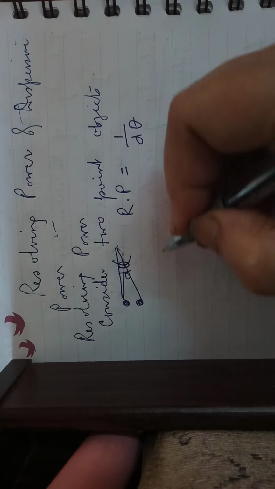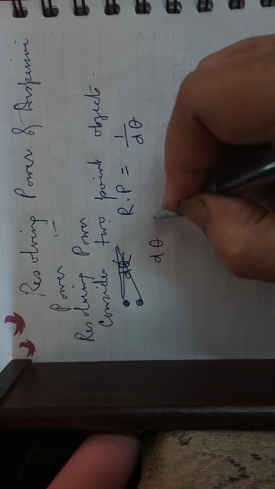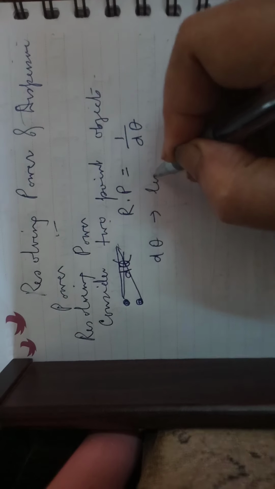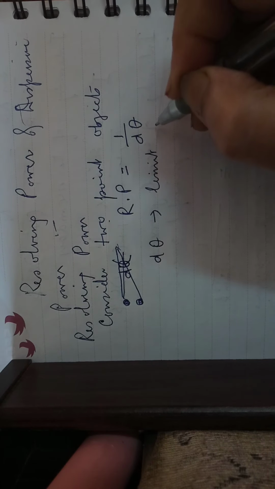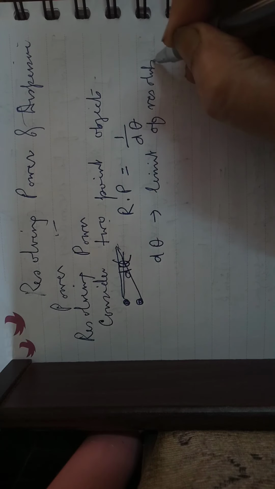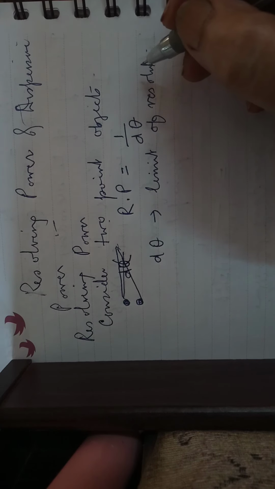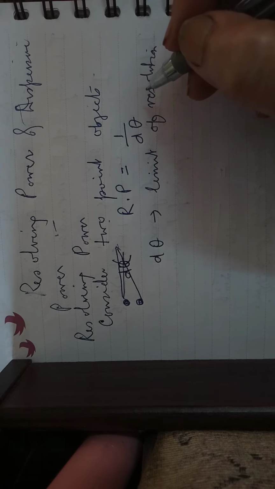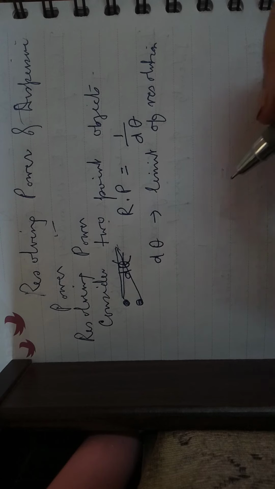So d theta basically gives you the limit of resolution. Why so? Because d theta is the smallest angle subtended by two point objects at the objective of the instrument.